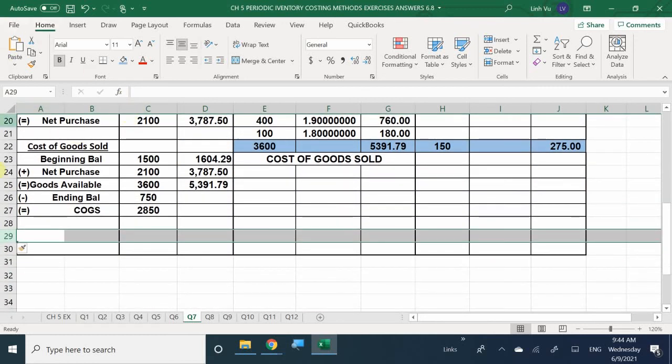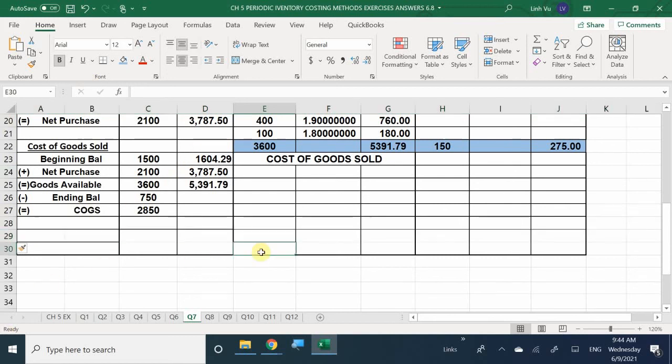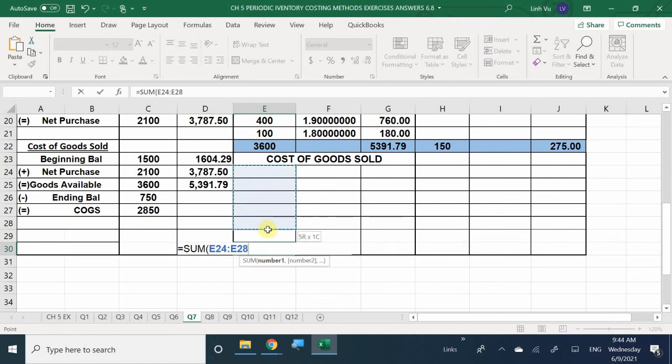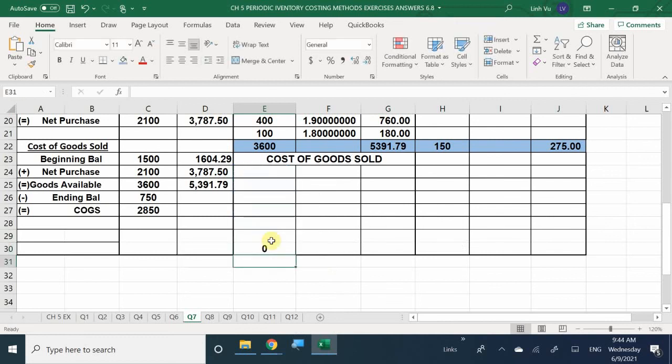Cost of goods sold. I'm going to have my running balance down below. So equals sum, so I know how many items I've sold so far, and I'm going to drag that formula out so that I know how much it's costing me. Let's start from our goods available.